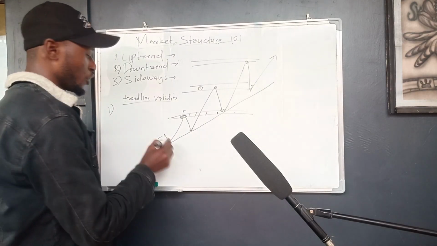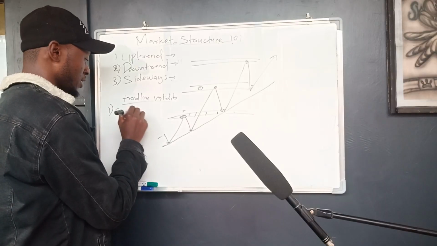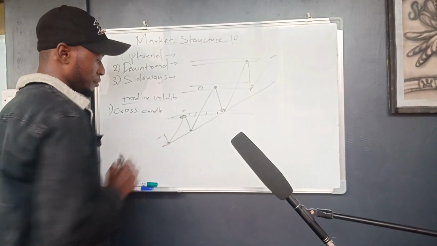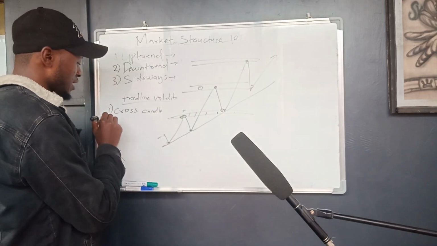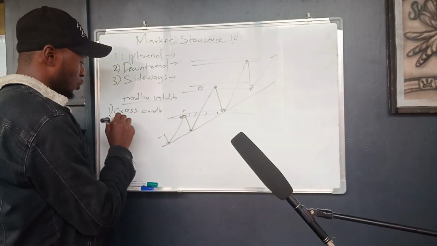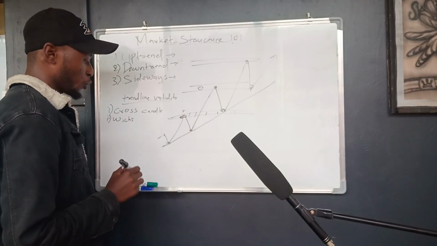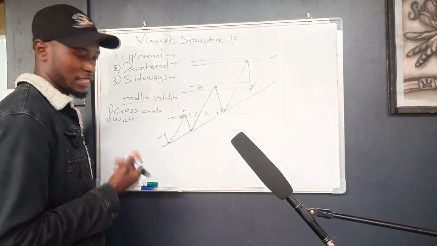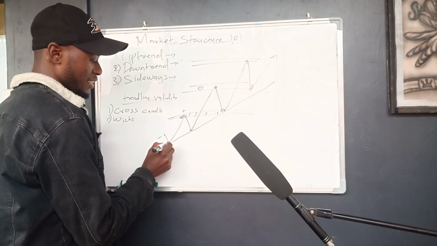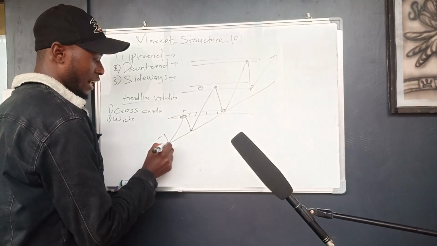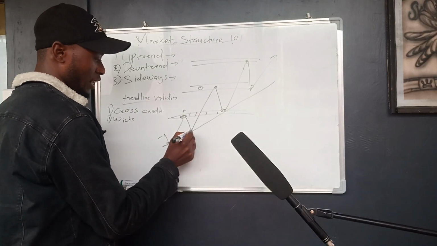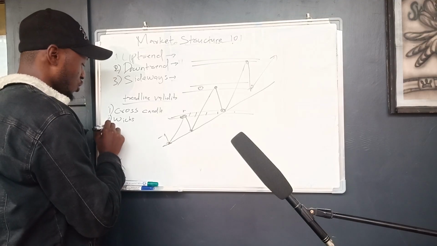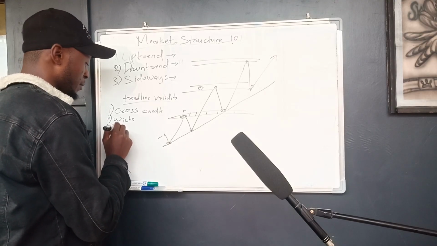You must not cross through a candle. It must touch the wicks of the first two lows. You can do it from the candle, but the wick is the best according to how I trade it. So you take the first two wicks at the extreme lows and identify the trend. It must not cross through. It must not be forced.